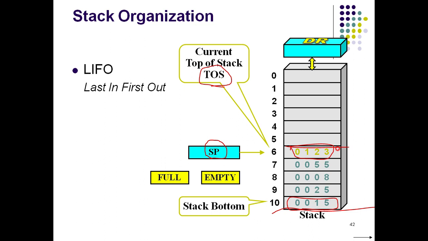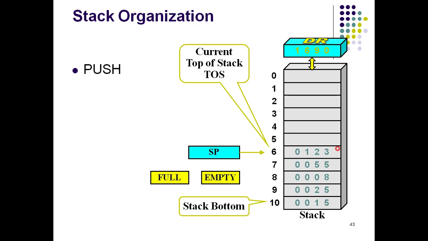If the stack is full, we have to tell the user that the stack is full and you need to look after some other memory location. The other very important thing is if the stack is empty. If the stack is empty, then also we have to tell the user that you have completely retrieved the items from the stack and the stack is completely empty. Okay friends, so this is very important.